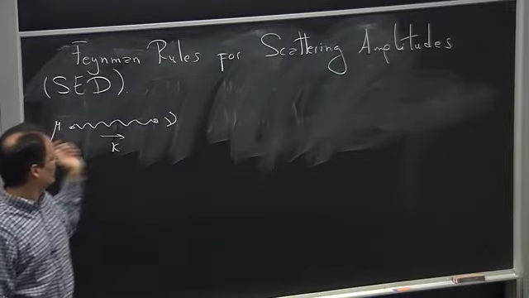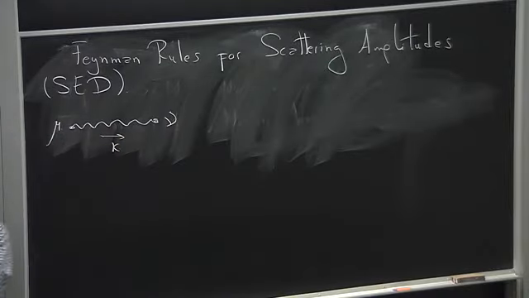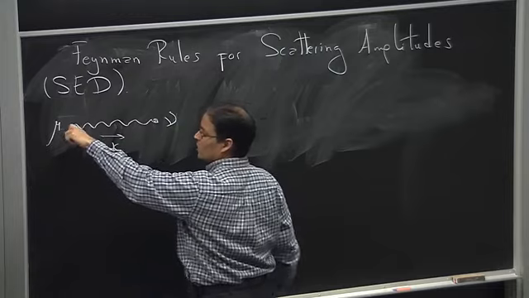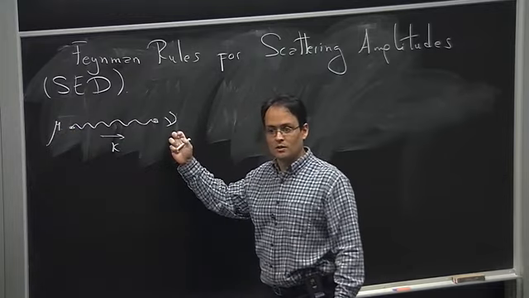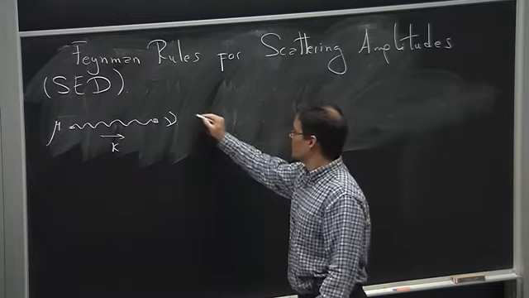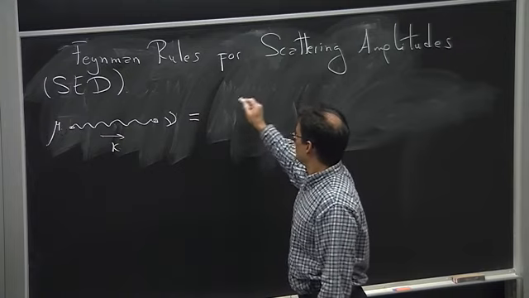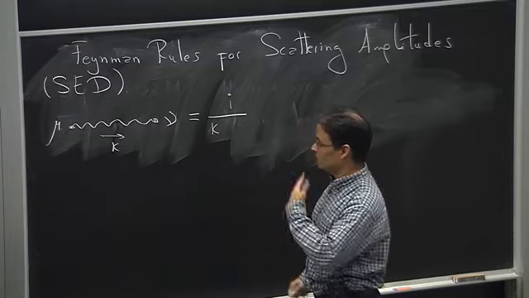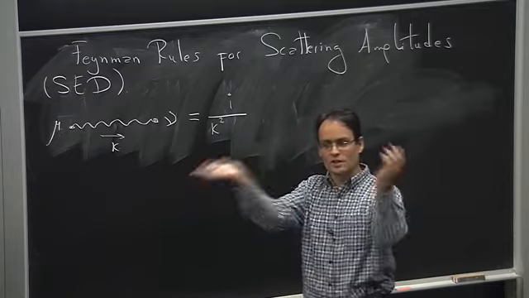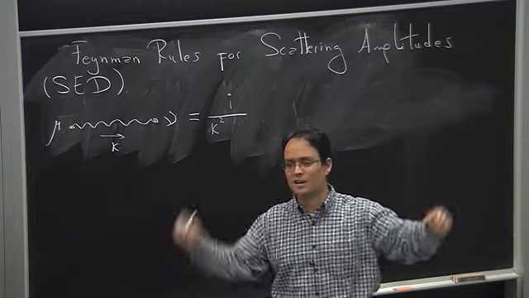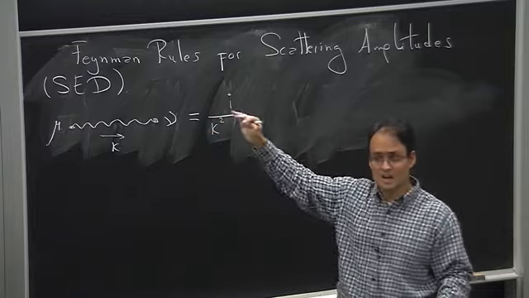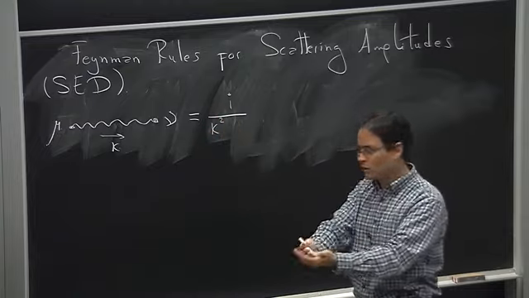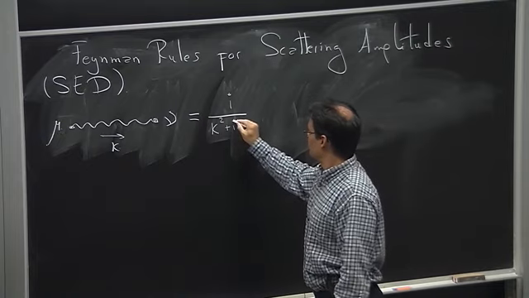So we have to tell people who are going to use these rules what the propagator is for different values of the field here and for different values of the field here, okay? So the propagator that we got yesterday, in momentum space, meaning you just remove the integral over d4k and the e to the minus ikx, ended up being something like this.